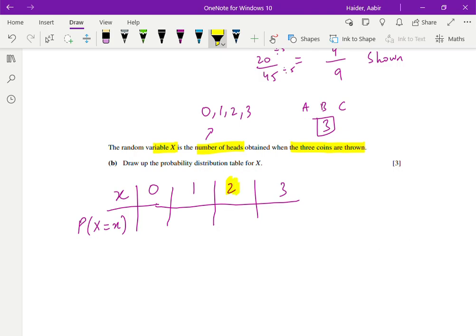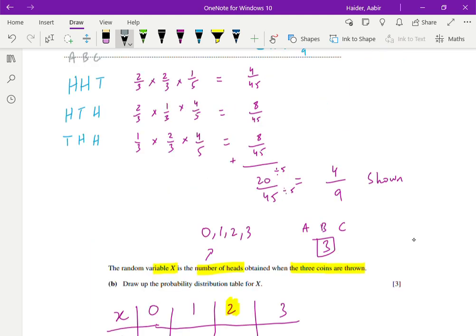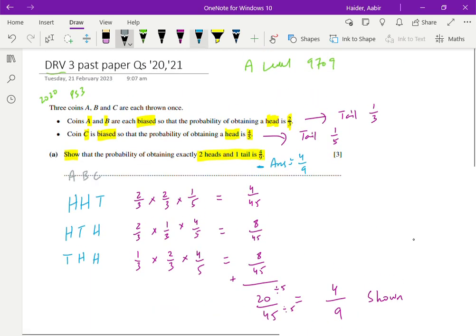No need to redo it, because in part A you were asked about exactly 2 heads and 1 tail, and the probability that you have already shown is 4 by 9. Even from an exam point of view, if you are not able to find this 4 over 9, you can take it from the question. It is written in part A, the answer is 4 over 9, as I told you already that the answer would be this.